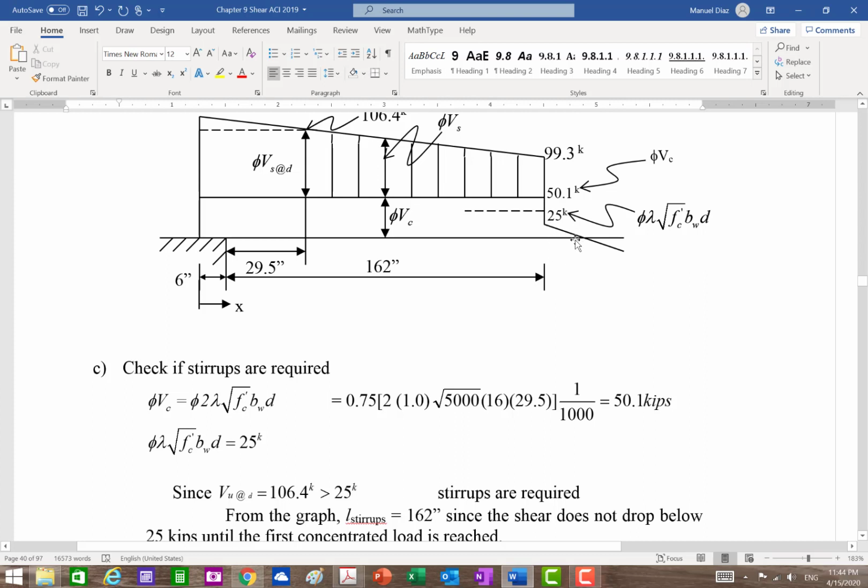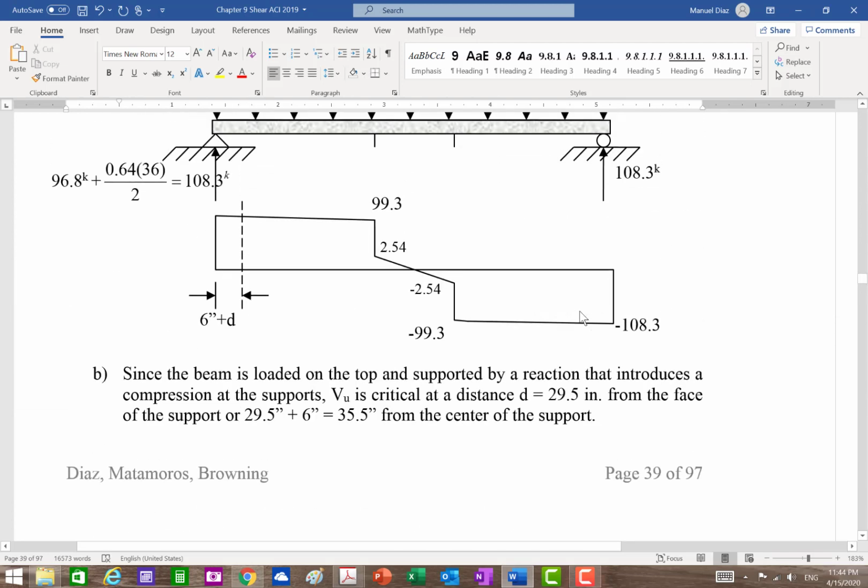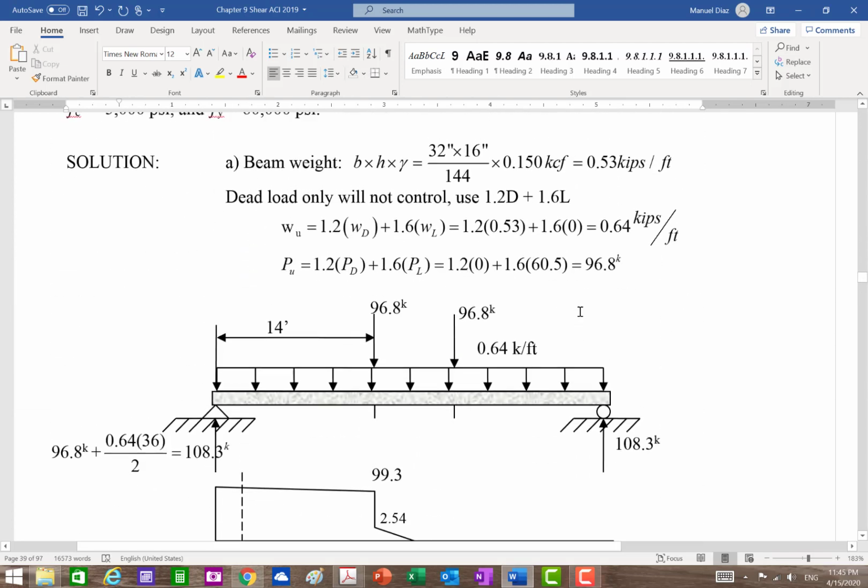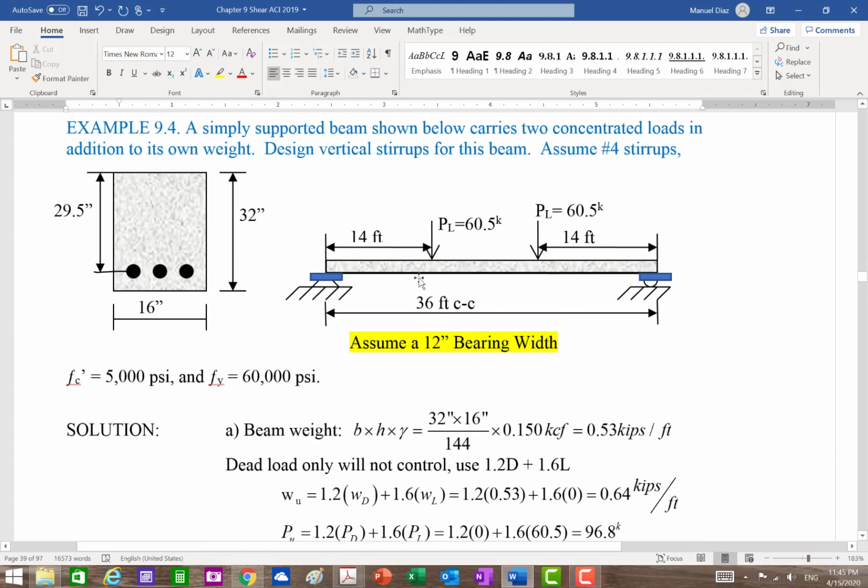This portion right here, it's not to scale, right? But remember, you're going from 14 to 18, right? So this is 18 feet. So there's a 4 feet difference here, from this point to the center of the beam. And so now I need to cover that with at least the minimum area of stirrups.